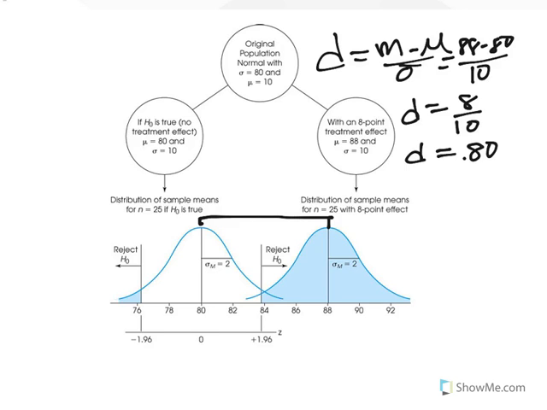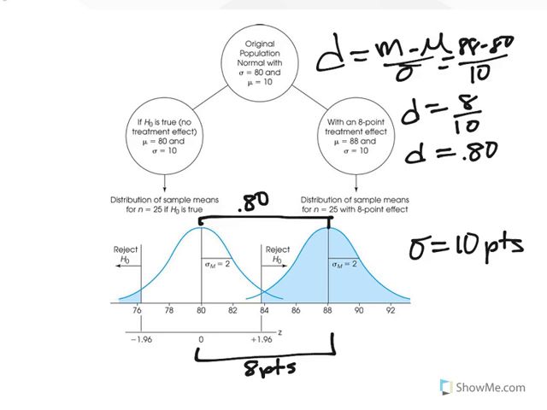And now we've expressed that difference to equal 0.8, 0.8 of a standard deviation unit. And that should make sense given that the point difference is 8 points, and the standard deviation is equal to 10. So 10 points is representative of one standard deviation unit. The shift was equal to 8 points, which is the equivalent of 0.8.